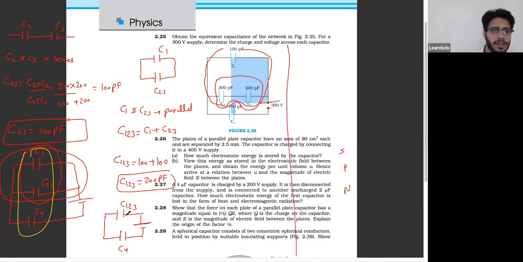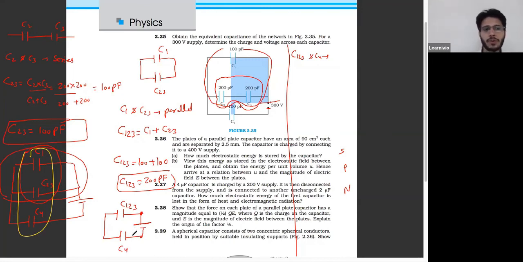Okay, now tell me, C123 and C4: series, parallel or no combination? What about you, Jovana? Now this time we all are wrong. See, if I move from C123 to C4, is there any branching?